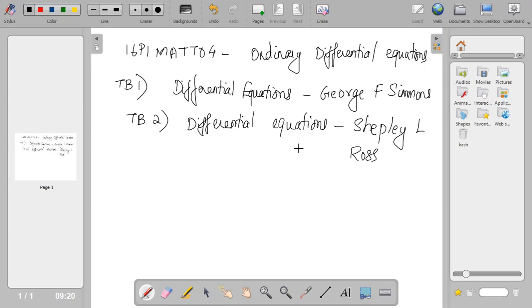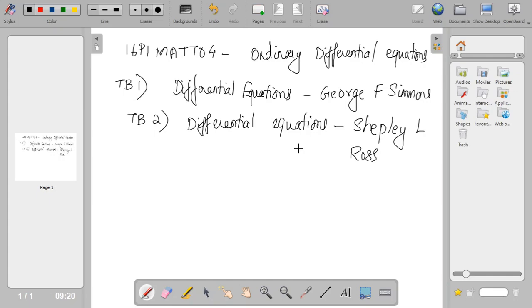In this course you will learn how to solve a system of linear differential equations, and in the second module we will be mainly looking at power series solutions, in the third module the Sturm-Liouville problems, and in the fourth module we will be introducing the Laplace transforms. So those are the main overall contents of your topic.